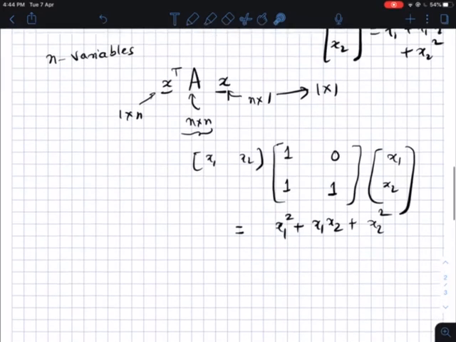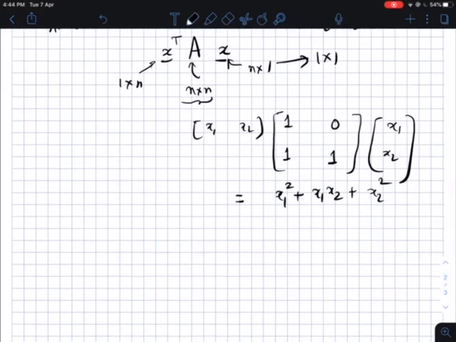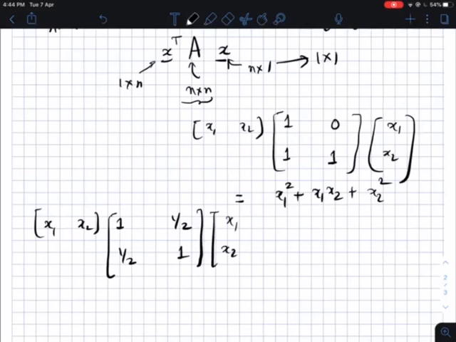For that matter, I will urge you all to check that it's possible to do even the following. You can also construct the matrix with 1, half, half, 1, between x1 x2 and x1 x2. Once again, you can just do the matrix multiplication and check that this again computes to the same quadratic form, x1 square plus x1 x2 plus x2 square.